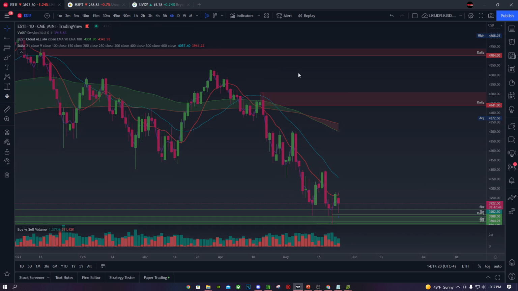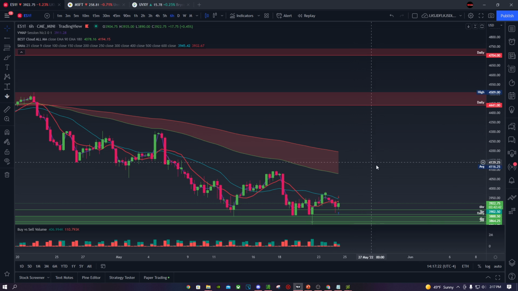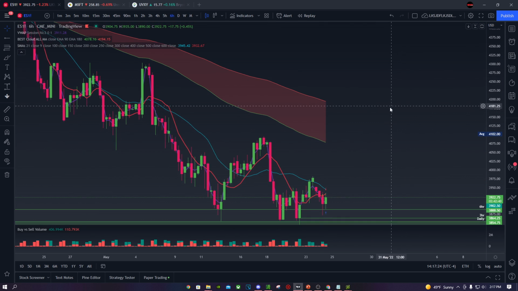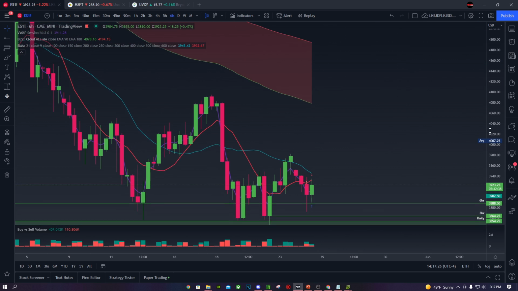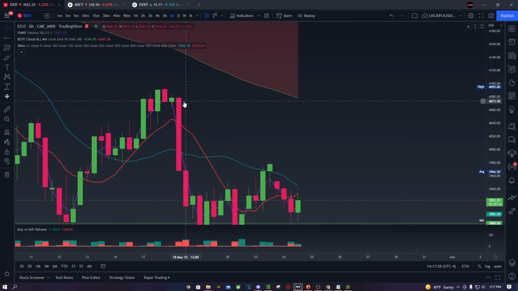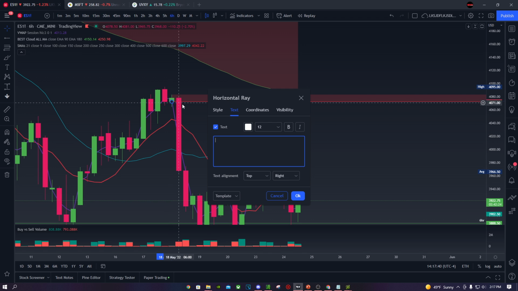After daily, I'm going to go down to 6 hour, and we're going to see if we can find anything there. So start from recently, see if we see anything. Look at this beautiful little green basing candle. Huge drop to the downside. That's a perfect zone. Top of the wick to the bottom of the body. Chart that. We'll say 6 hour.